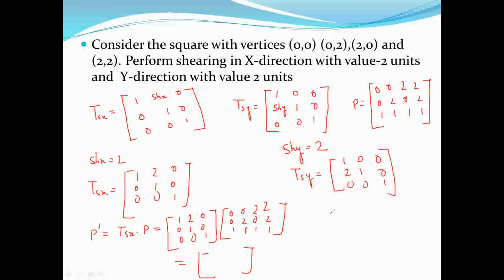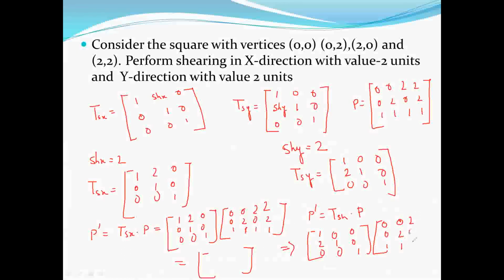To get the points P dash, you have to write T of SHY dot P. Which implies 1, 0, 0; 2, 1, 0; 0, 0, 1 and the points 0, 0, 1; 0, 2, 1; 2, 0, 1; and 2, 2, 1. If you multiply them, you will get the answer.